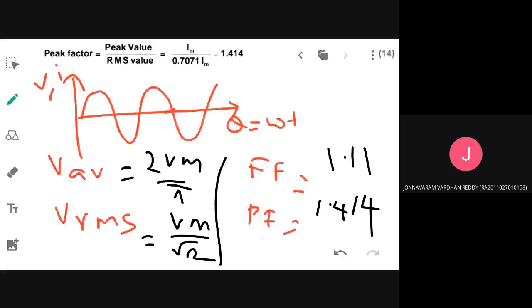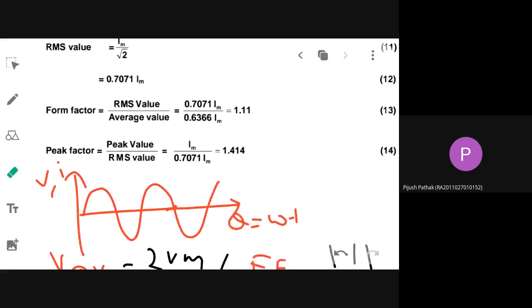Next case. Have you taken out the formula? Shall I rub? Ma'am, what do you mean by form factor? Form factor is the ratio between RMS and average value.